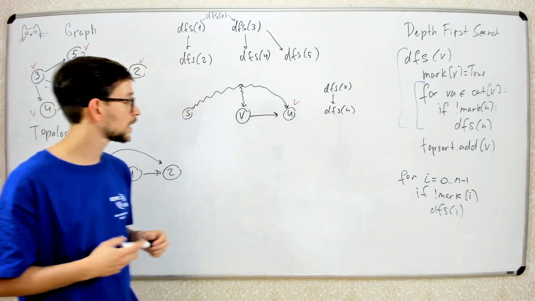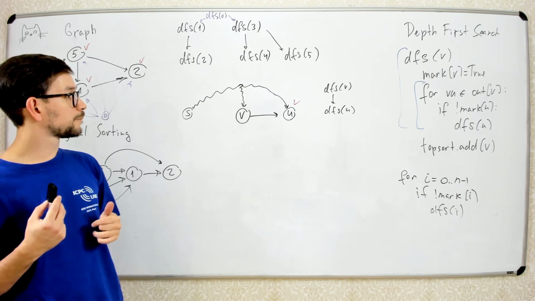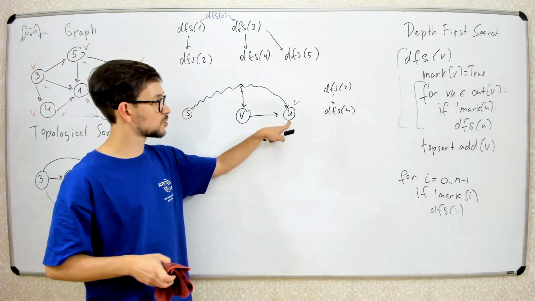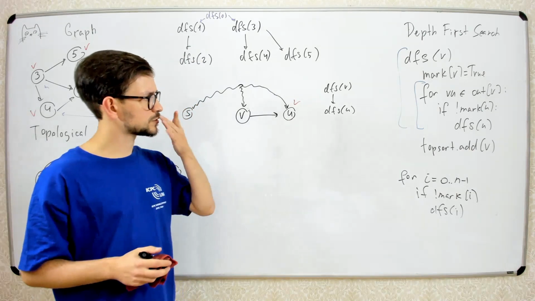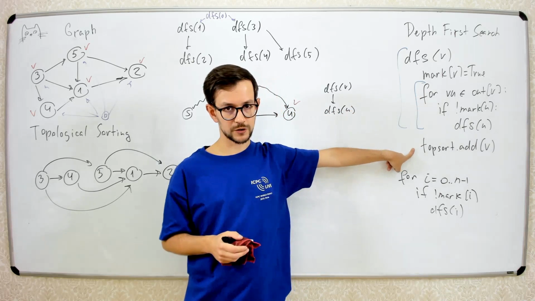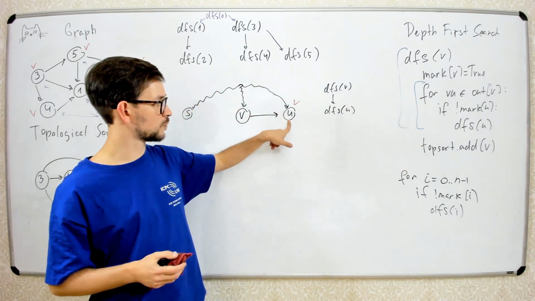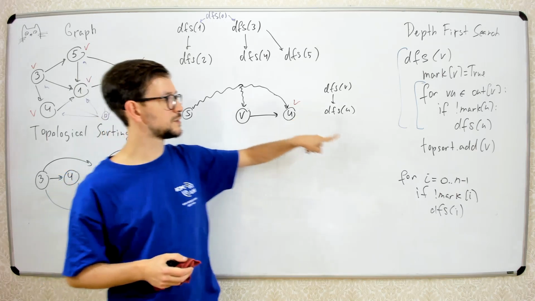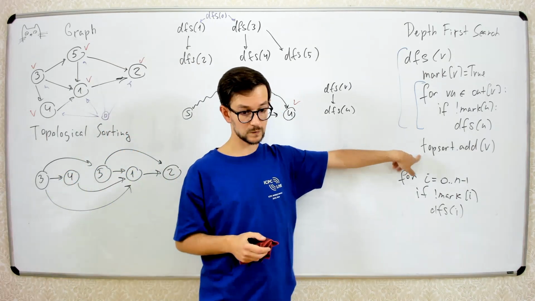Yeah, that's right. But what if this node U is already marked? We have the operation to mark the node and the operation to add the node to the topological ordering. What if for this node U we already marked this node, but we didn't add it to the topological ordering yet?